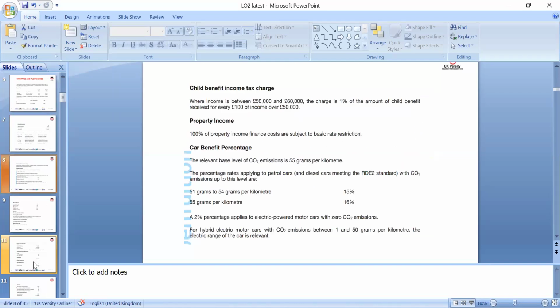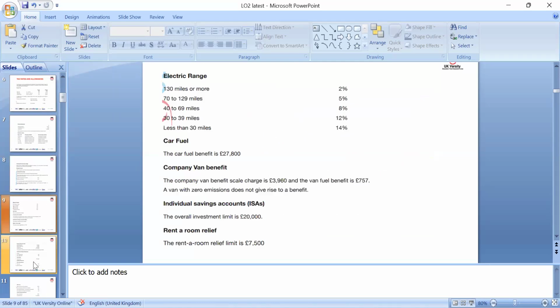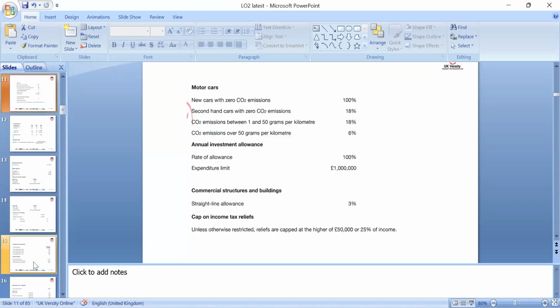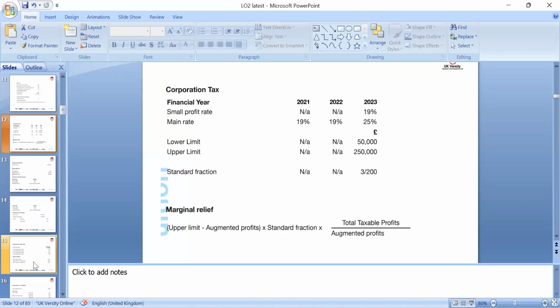We need to look at cars, individual savings account, and pension limits: annual allowance is 40,000, minimum allowance is 4,000, income limit is 240,000, and the lifetime allowance. We've been given all of these. The rate of allowance is 100% expenditure exempt, and we can look at structures and buildings allowance at 3%.